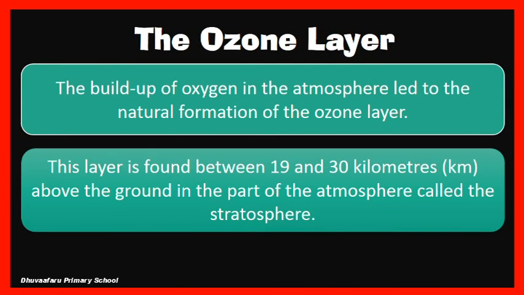The ozone layer. The build-up of oxygen in the atmosphere led to the natural formation of the ozone layer. This layer is found between 19 and 30 kilometers above the ground in the part of the atmosphere called the stratosphere.